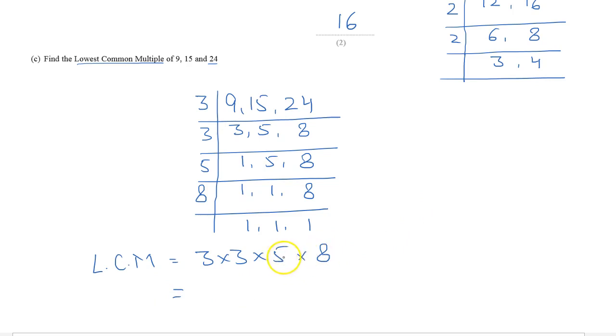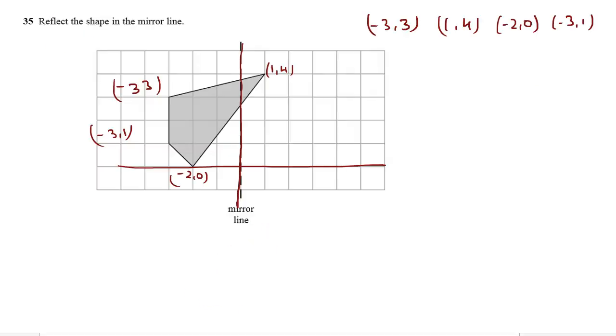Eight times 5 is 40, times 9 is 360. So LCM is 360.